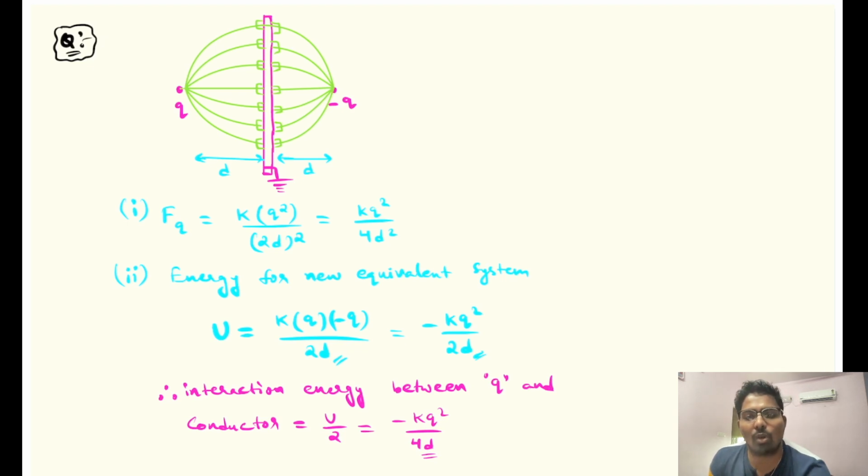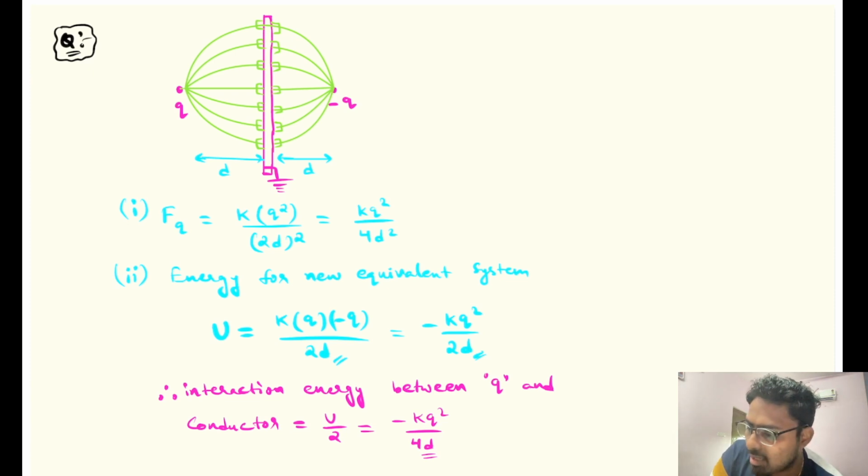And they can ask one more very interesting question. They can ask you to find what is the charge that will be induced on the conductor. So you should be able to tell the amount of charge that can be distributed over here, or the final charge that can be present over there.